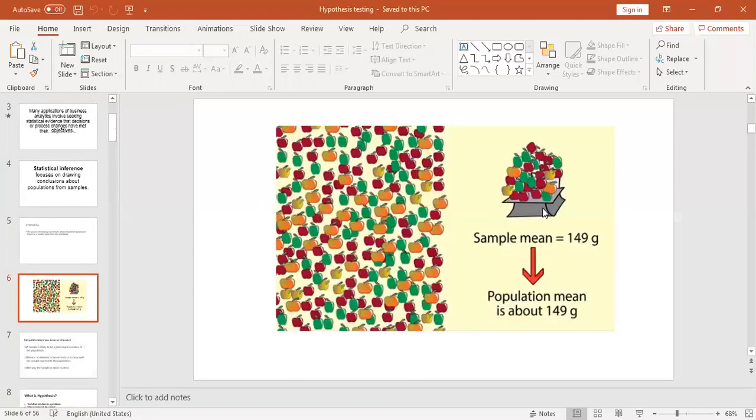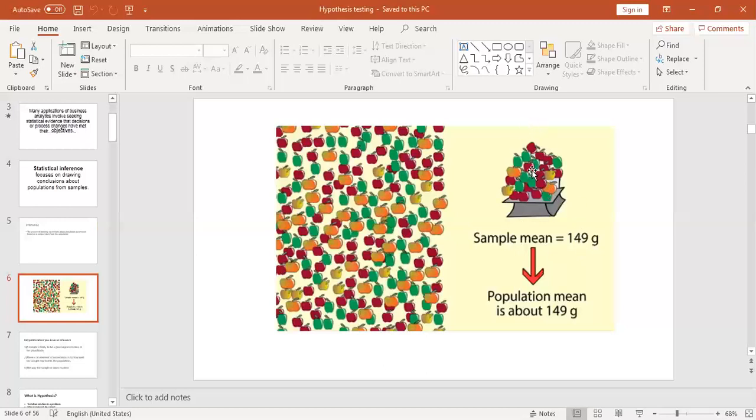based on the sample taken from the population. If you look at this example, you can see we have taken a particular sample out of this population, and based on that sample you have derived a conclusion that the sample mean is 149 grams.